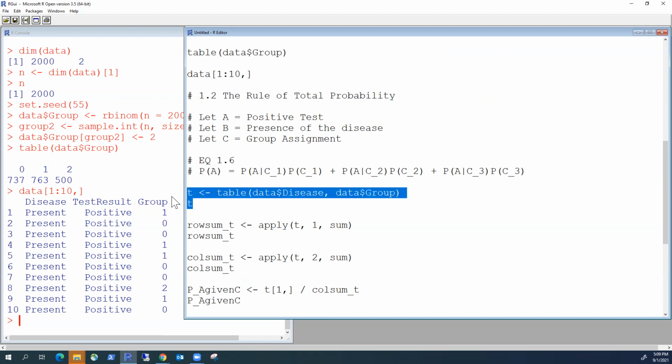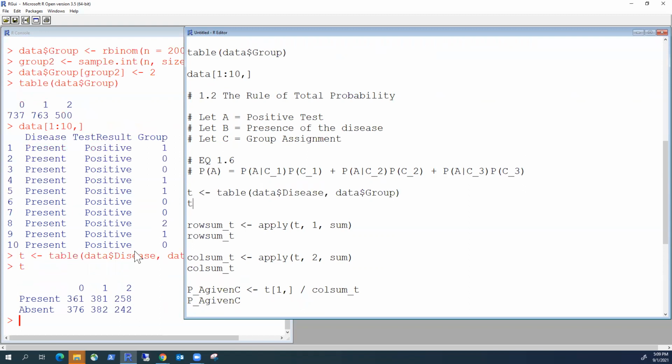And so we look at first just the table, disease versus group. Okay, so we have presence and absence of disease, and then you could be in group 0, group 1, or group 2. Remember from last time that we can use the apply function to get the row sums or the column sums of any object that we would like.